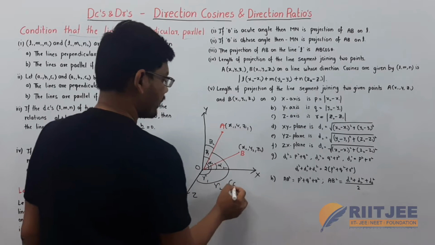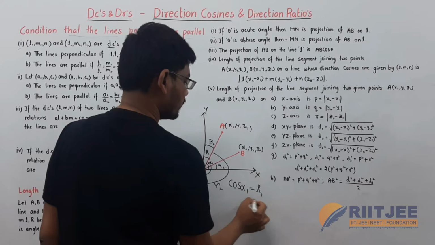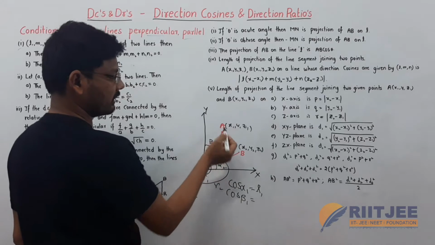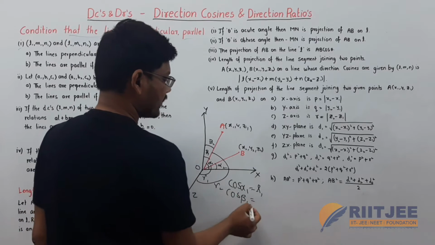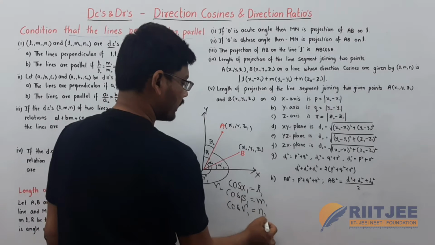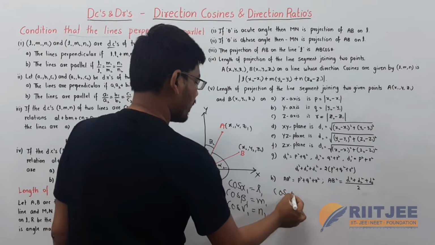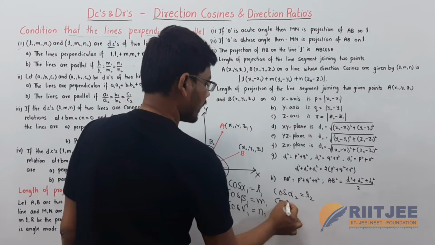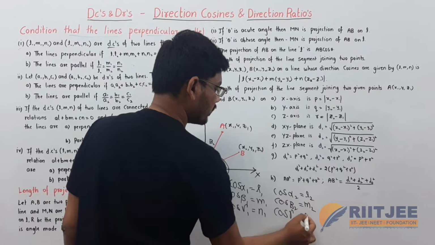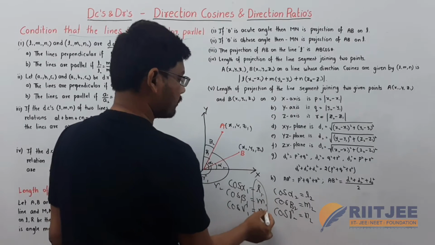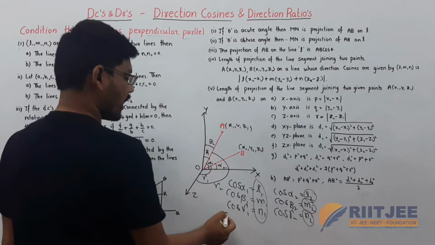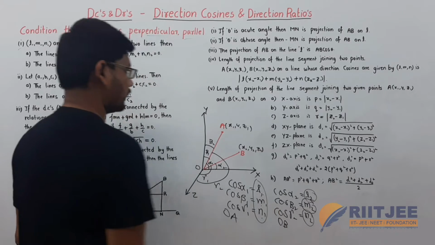Here cos alpha 1 is nothing but l1, cos beta 1 is the angle made by the y axis with line OA, that is m1, cos gamma 1 is equal to n1. Similarly, cos alpha 2 is equal to l2, cos beta 2 is m2, cos gamma 2 is equal to n2. These l1, m1, n1 and l2, m2, n2 are the DCs of OA and OB respectively.